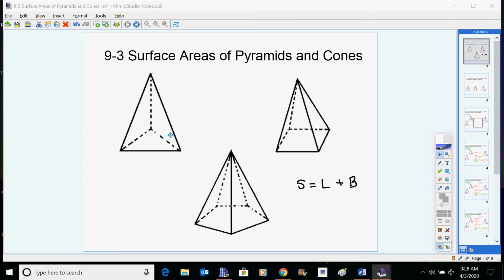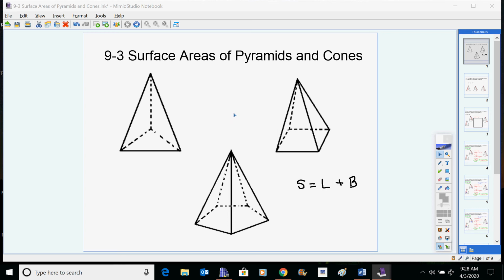So we have some kind of basic shape, and then that many triangles going up to make a point at the top. Today we're talking about surface areas of regular pyramids and cones. In other words, the bases are regular polygons, meaning they have all equal sides and equal angles.